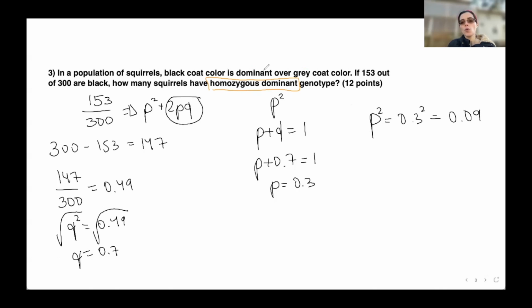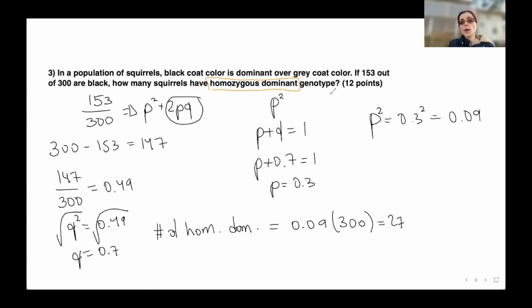So now we need to multiply the frequency by the total number. So the number of homozygous dominant would be 0.09 times 300. So that would be 27.